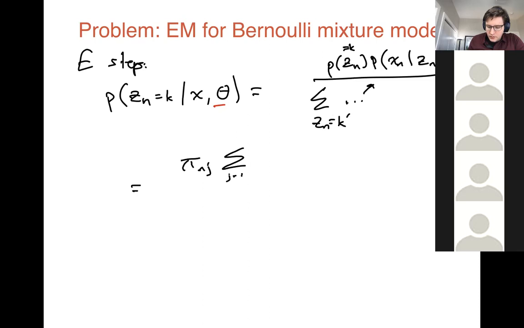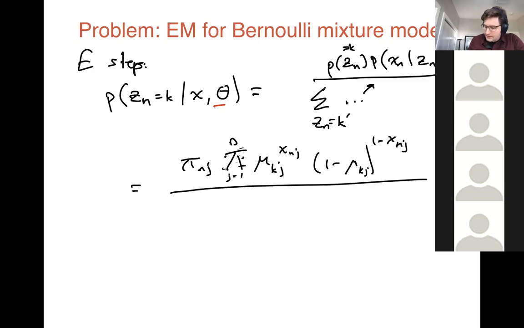Product j equals 1 to d, oops, should be product, of mu kj to the xnj times 1 minus mu kj to the 1 minus xnj, over the same thing, but sum k prime rather.